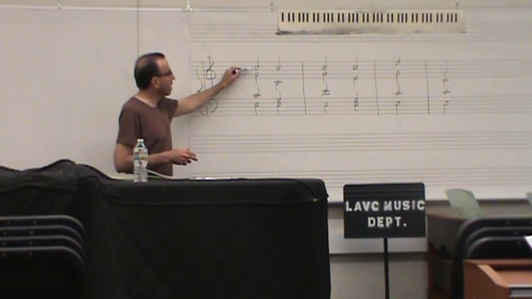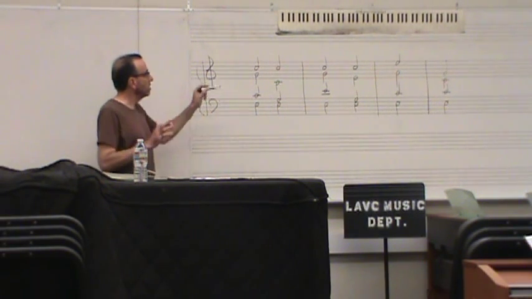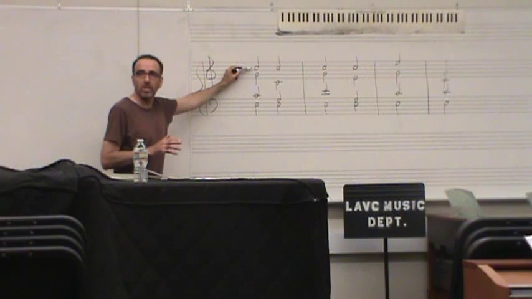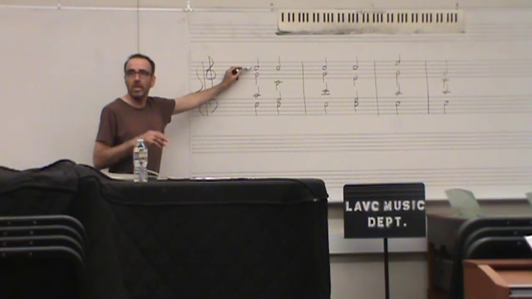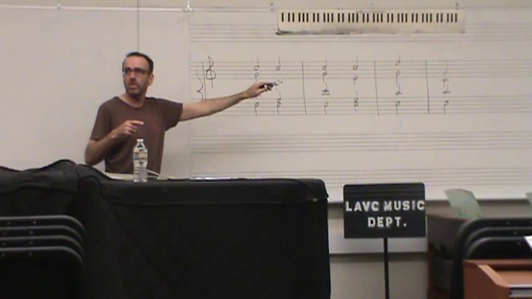Now, when I say double the soprano with an inner voice, that can refer to any part of the triad. I've got the root in the soprano here, but it doesn't have to be the root. It can be the root or the third or the fifth. Whatever is in the soprano, you want to try and double. So has everybody got this stuff down?